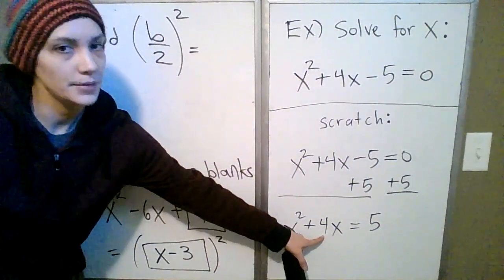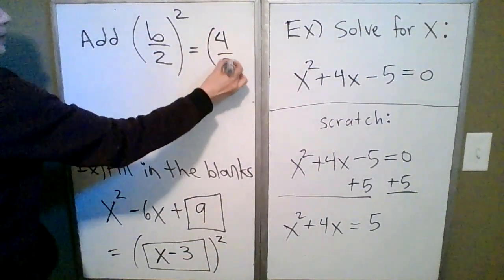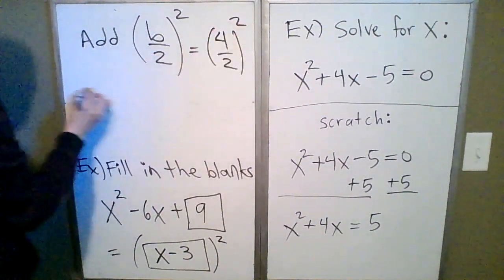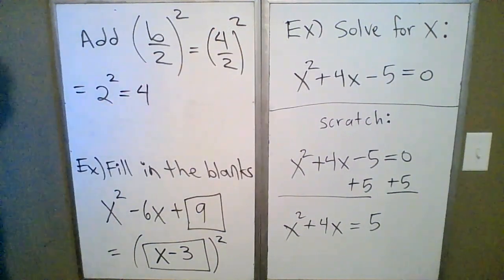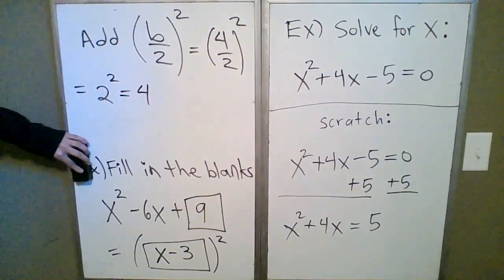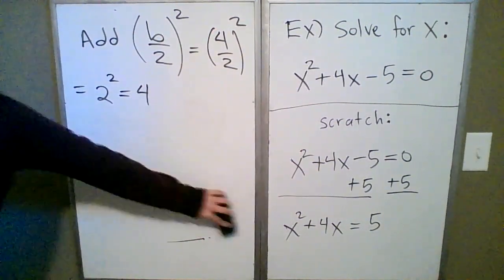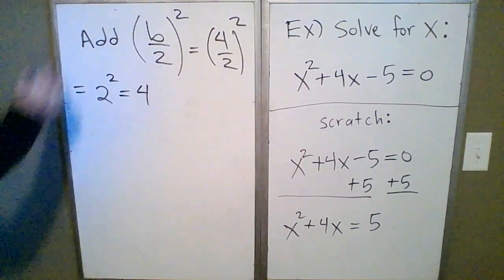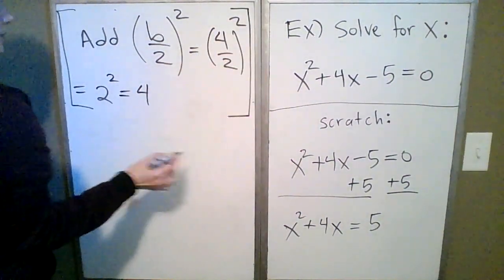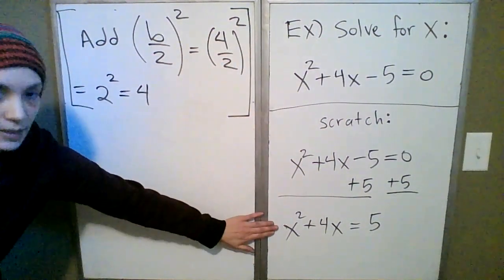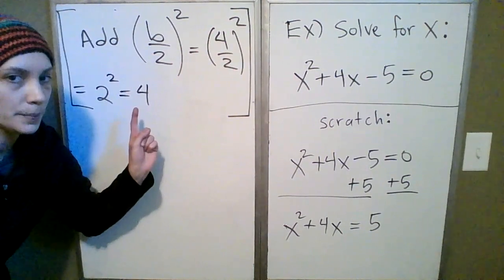So take 4, divide by 2, squared, is 4. Okay, so we'll take this equation we're working with, and on both sides we're adding 4.